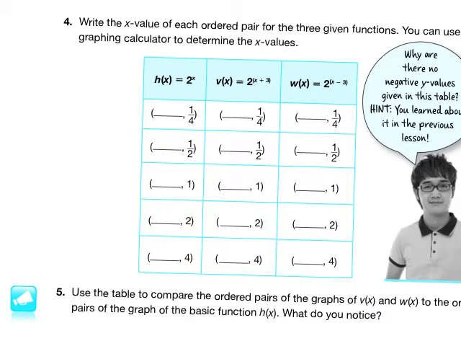Now, some basic knowledge you want to have in your utility belt is that anything to the 0 power is 1. So if we look at this, the y is 1. How are we going to get 1 in here? Well, x has to be 0. Remember, 2 to the 0 power is 1. So this is the x right here, the exponent.